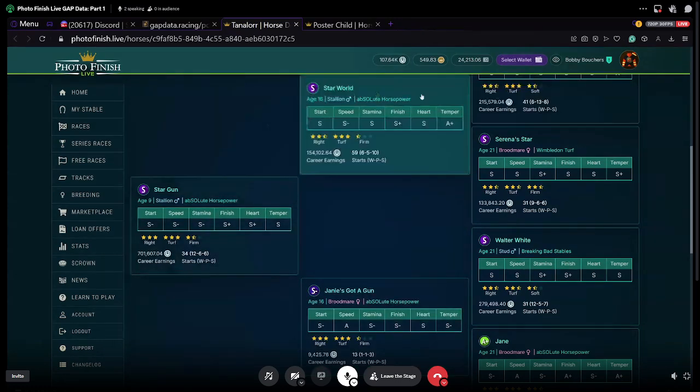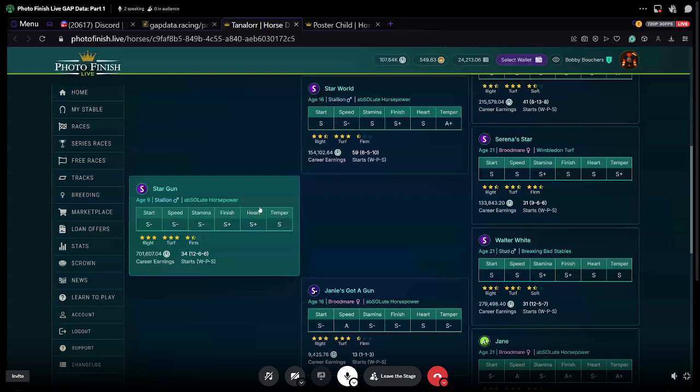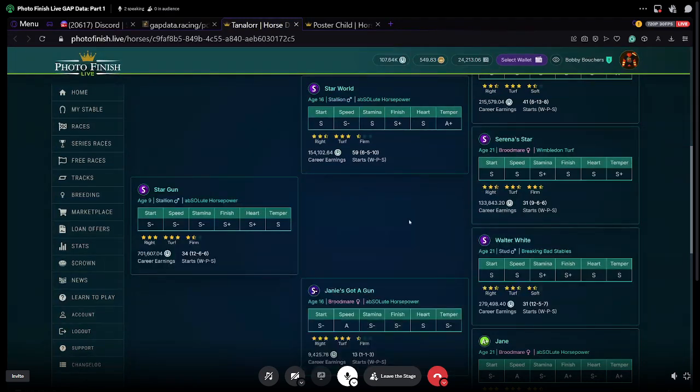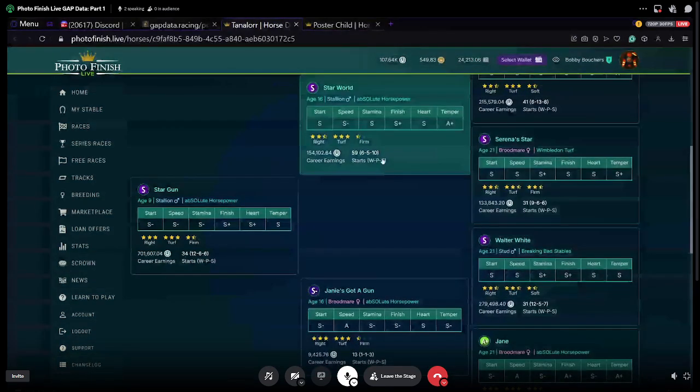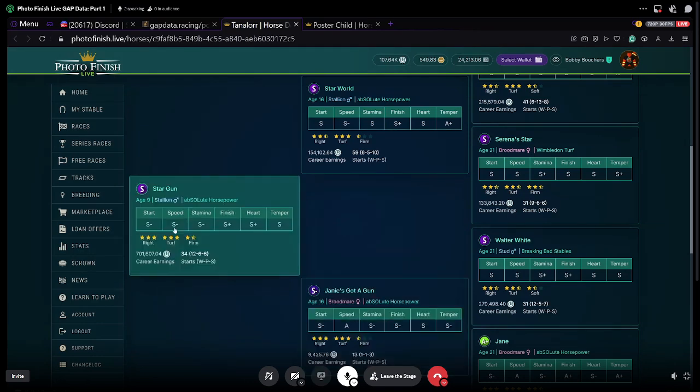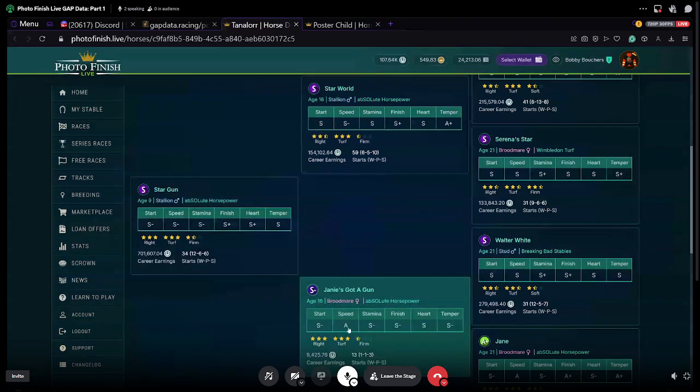The whole bloodline matters, because you pass old genes onto your horse. It's just a fact of life. So even though the dad has an S minus, one of the grandparents, the grandmother, had an A speed, and so you might get this gene.